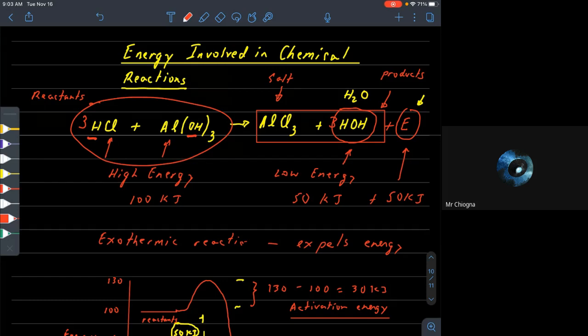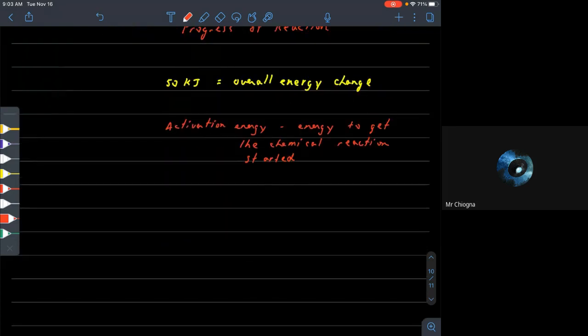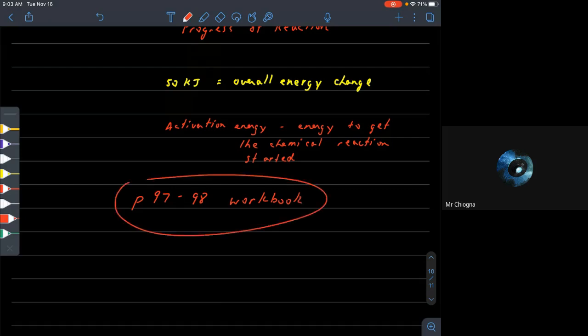You're going to do page 97 and 98 in the workbook. Okay, you need to actually do a little bit of reading. It says so on the top of page 97. I'll link that while you're doing the lab. I'll post that for you. Okay. And then we'll go on to endothermic next day.